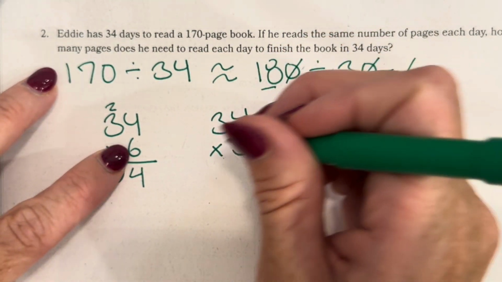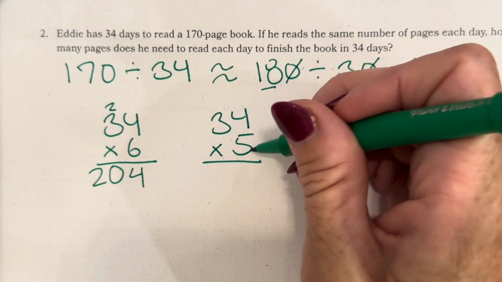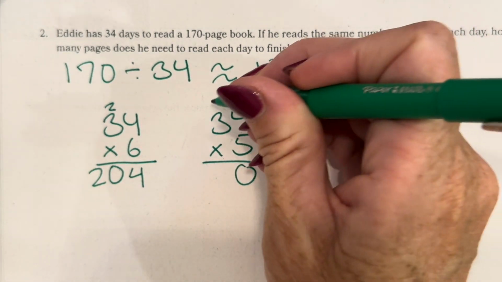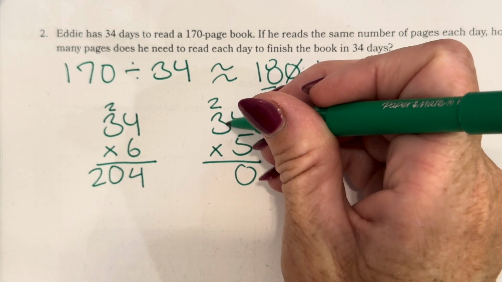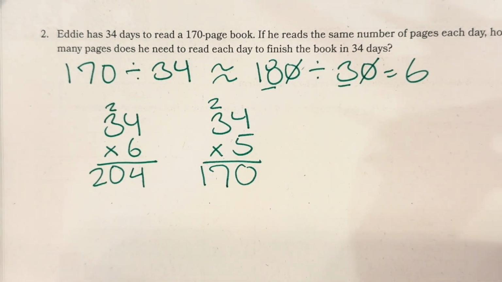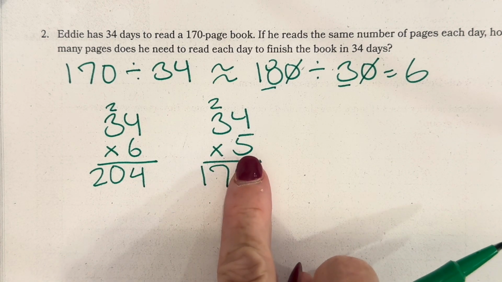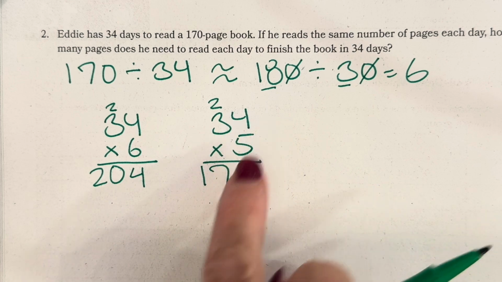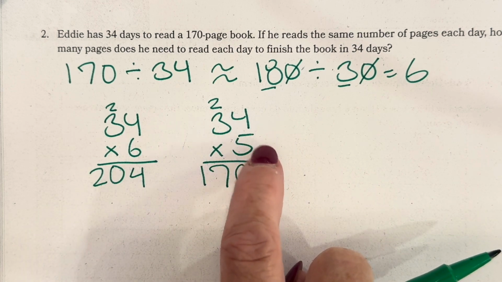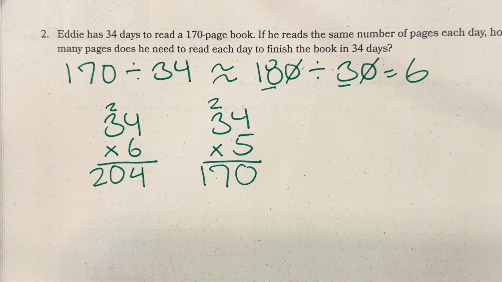So if 6 was too large, let's try 5. 5 times 4 is 20. 5 times 3 is 15, plus 2 is 17. So my answer is 170 pages if he does 5 pages each of the 34 days. So 5 was my answer. This is my quotient that works.